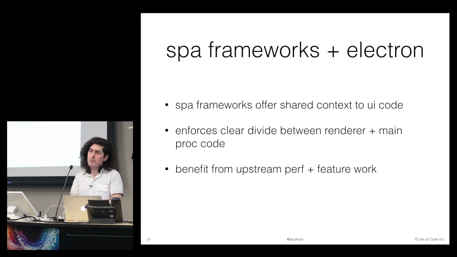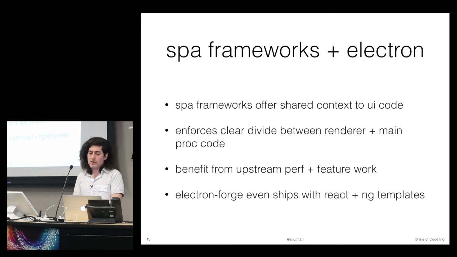Third, you can benefit from the upstream performance work and feature work that enables the GUI side of your application to do more faster. And lastly, Electron Forge even ships with React and Angular templates. So you can very quickly start up your Forge or Electron app with one of the other SPAs if you're really bent on not using Ember.